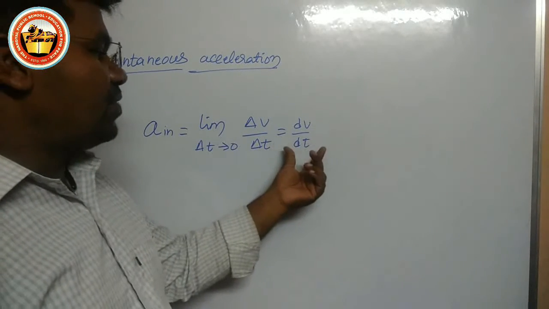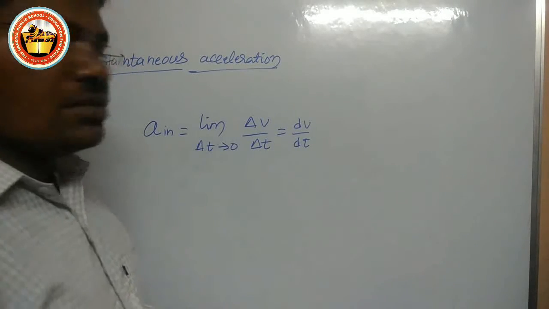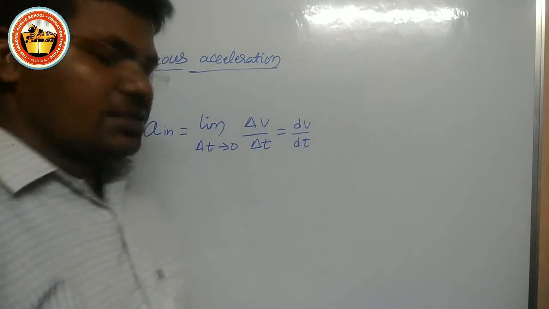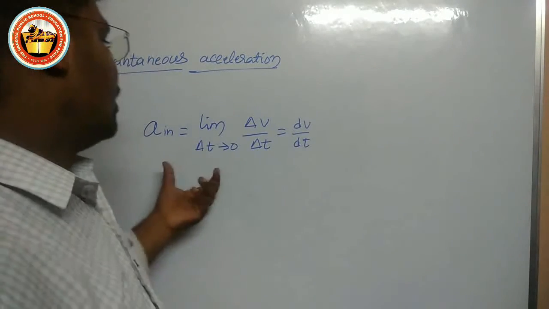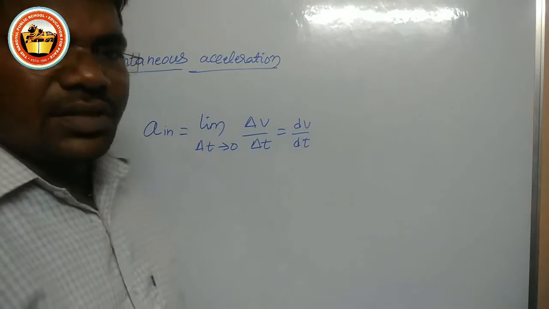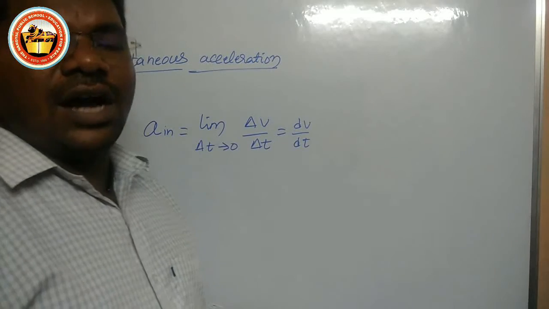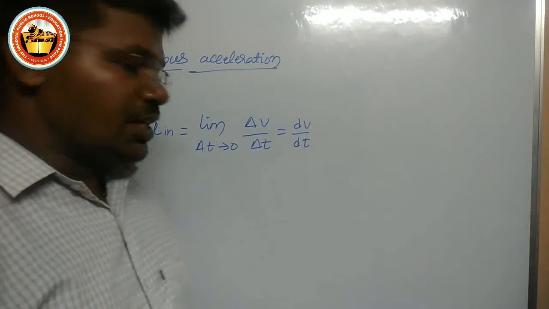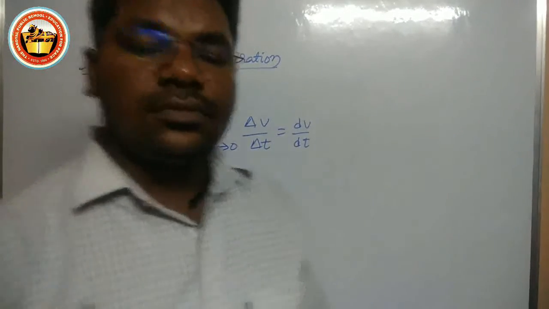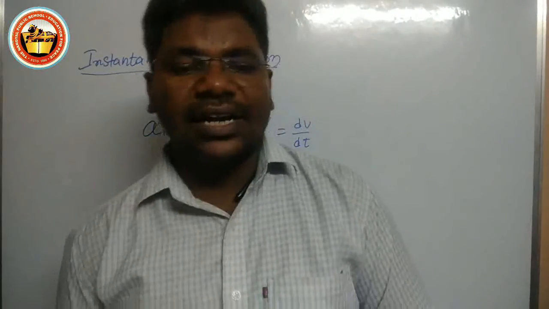With the help of dv by dt we can solve some problems. We don't use this formula as a mathematical operation here; we use only dv by dt.